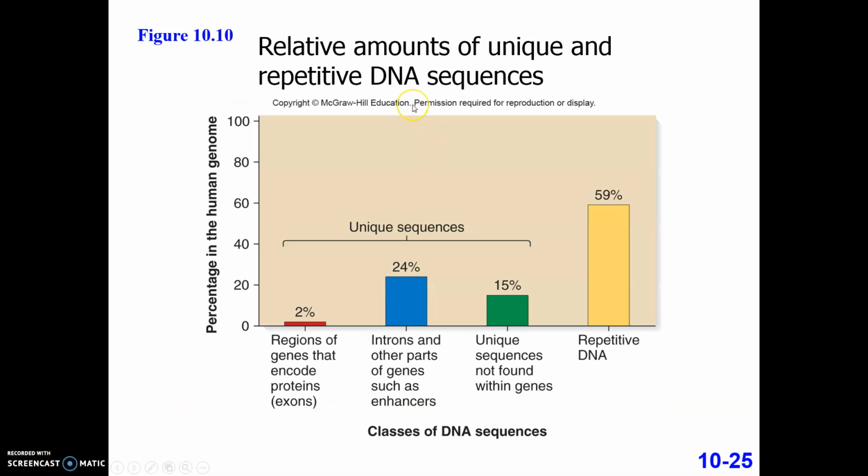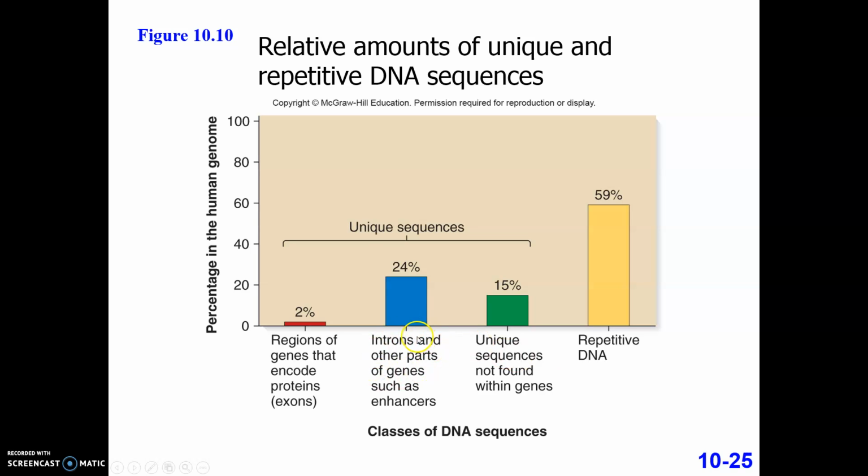So if you take a look at the entire human genome, about 2% of our DNA encodes for specific genes, the exon regions of genes, those pieces of DNA that have codons that encode for particular amino acids and proteins.